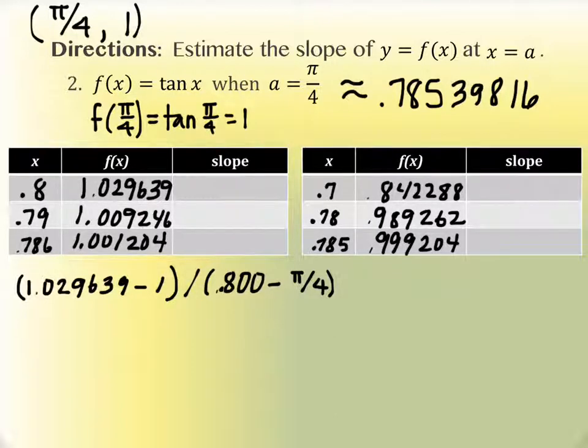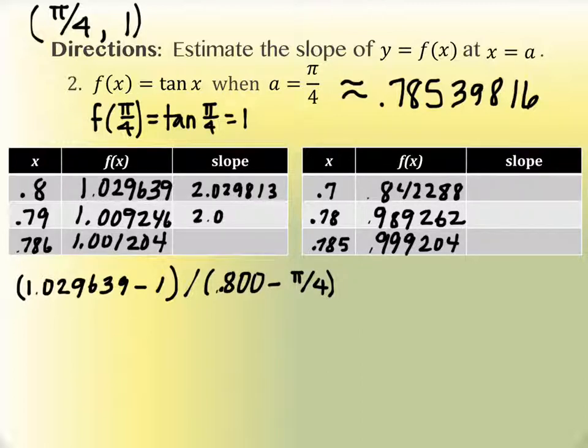The first slope value that I calculated was 2.029813. And we're going to keep doing this. We're going to go down to the second one and change the values that we're entering. The second one is 1.009246 minus 1, divided by 0.79 minus pi over 4.